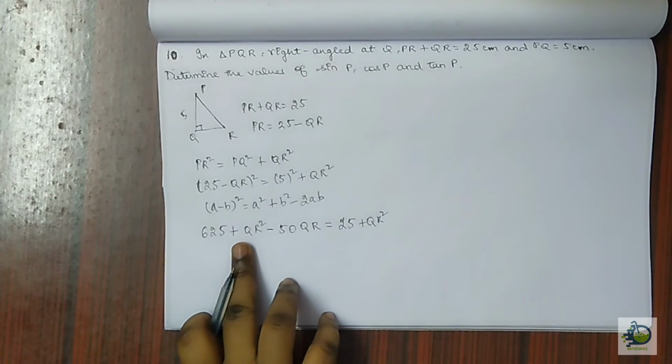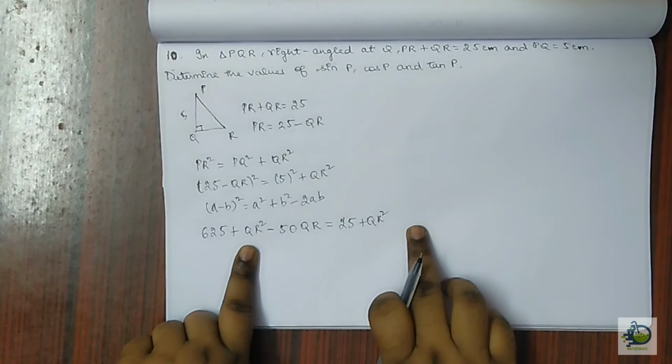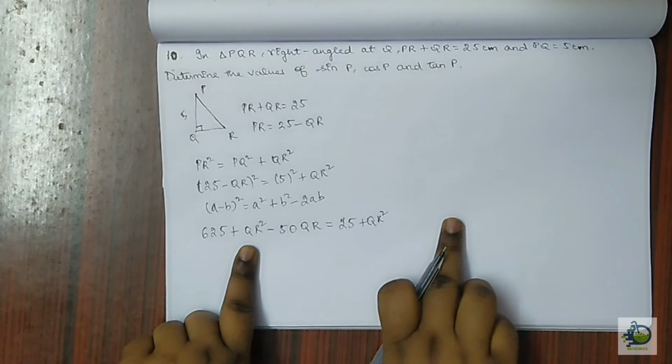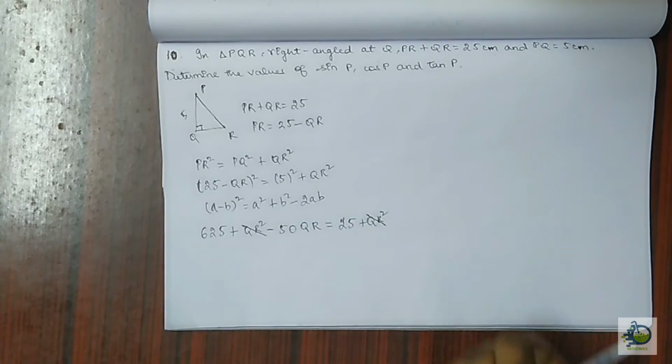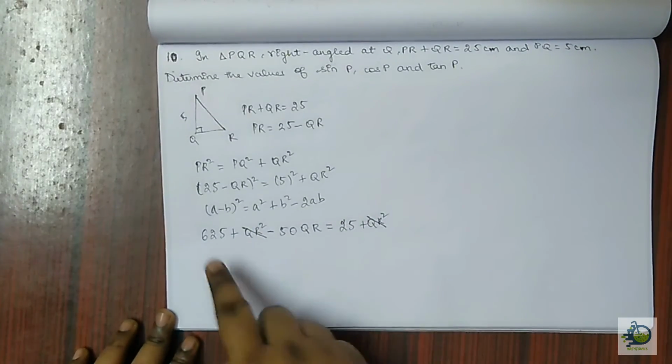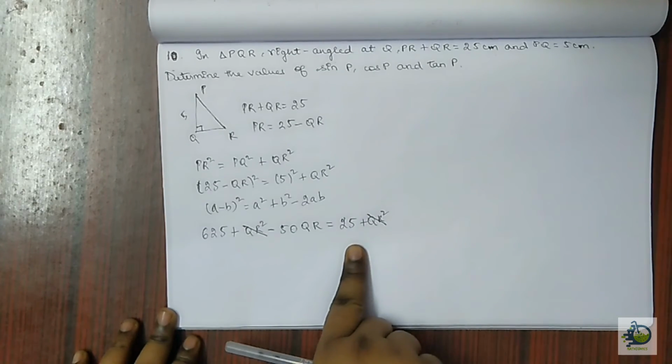Here we can see that here is a QR square and here is a QR square. When I take it to that side, it becomes minus QR square and they both get cancelled. Now I am left with 625 minus 50 QR, which is equal to 25.